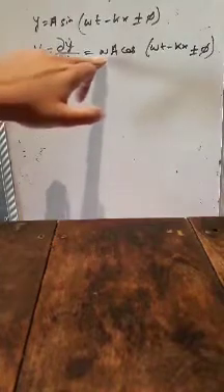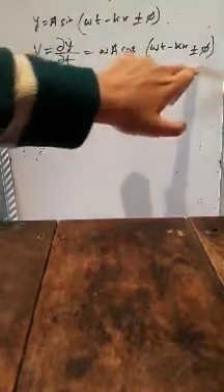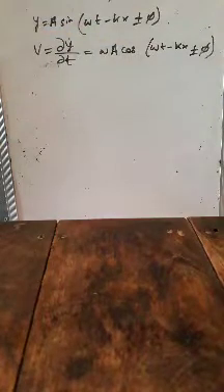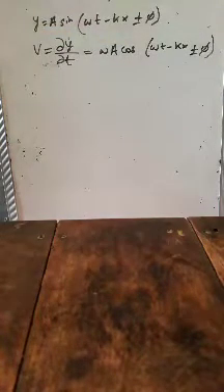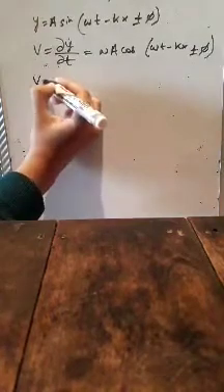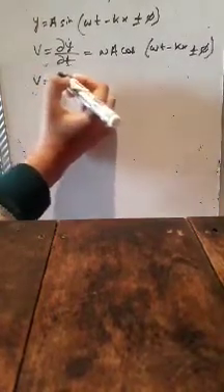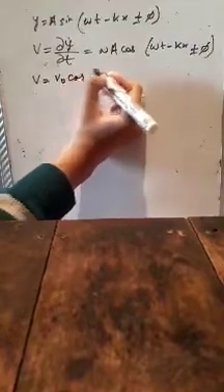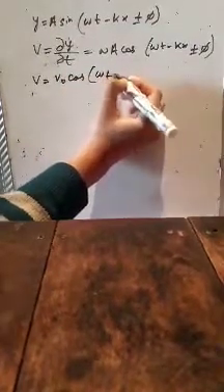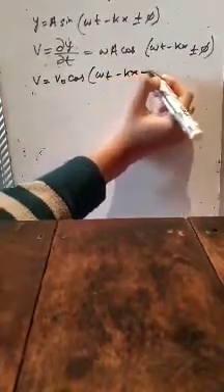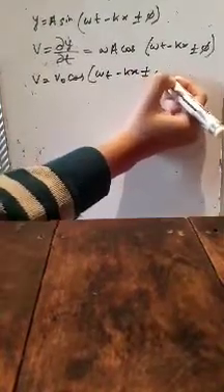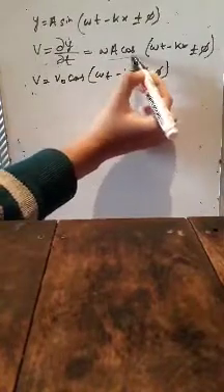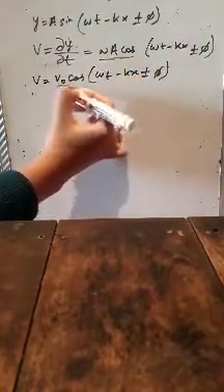That means v equals omega a cos, and you will be left with the full term that was in the previous equation. So v equals V naught cos(omega t minus kx plus minus phi). We are just putting the value of omega a as V naught. Clear?